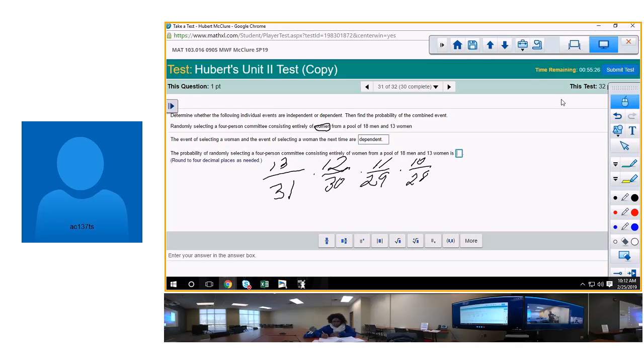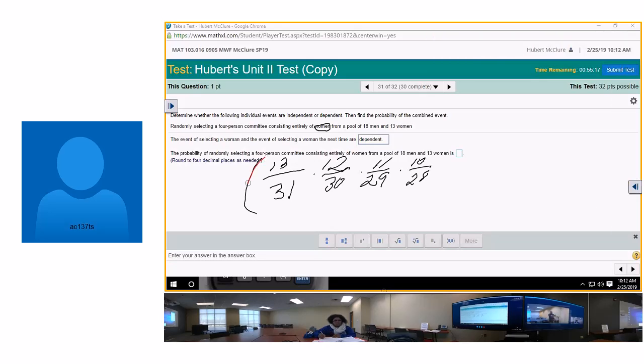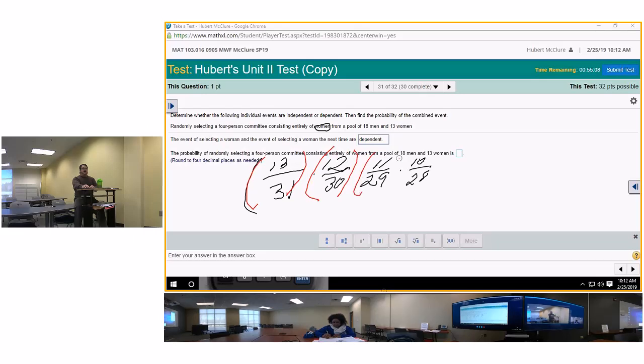The only thing here, you've got to make sure that you put parentheses in your calculator around these. If you don't put parentheses, the calculator's going to screw it up. So you put parentheses: 13 over 31 times 12 over 30 times 11 over 29 times 10 over 28. If you don't put those parentheses, you're going to get it wrong.